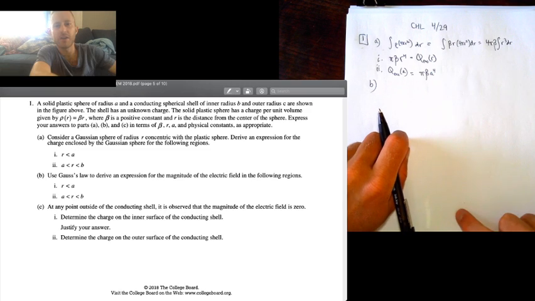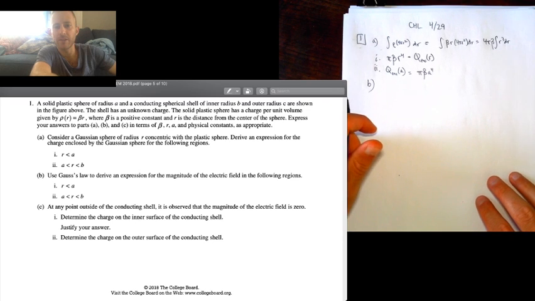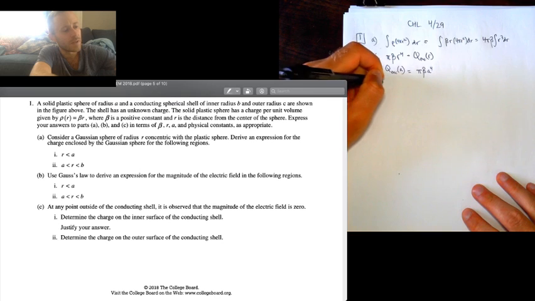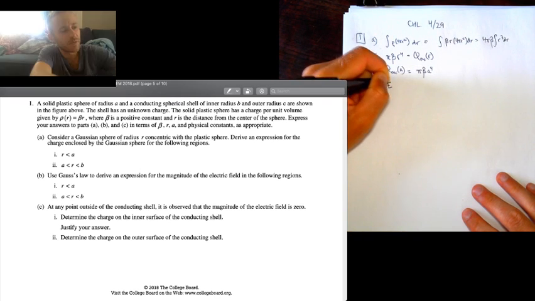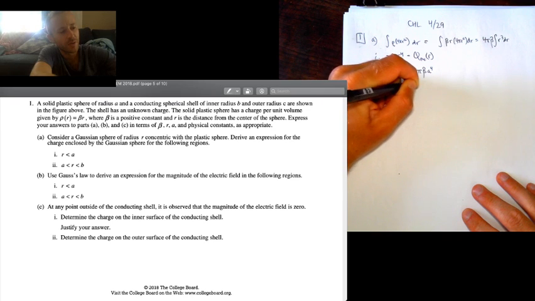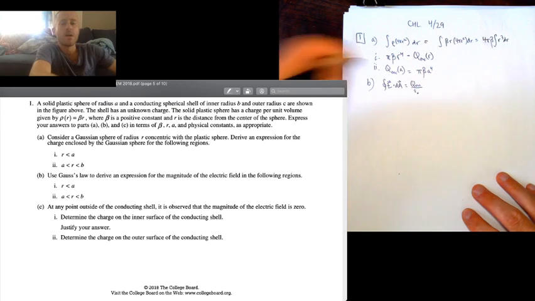Part b. Use Gauss's law to derive an expression for the magnitude of the electric field in the following regions. So Gauss's law says that the integral of E dot dA is equal to charge enclosed over epsilon naught.